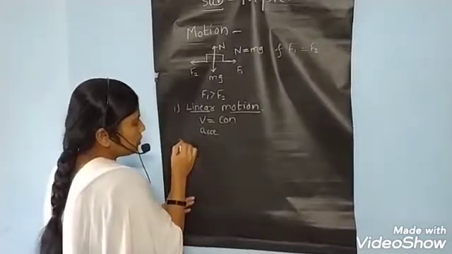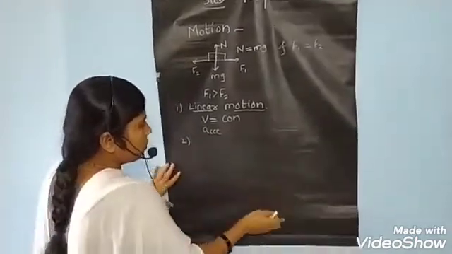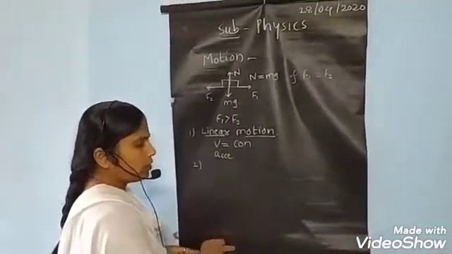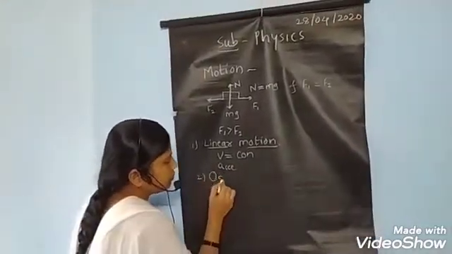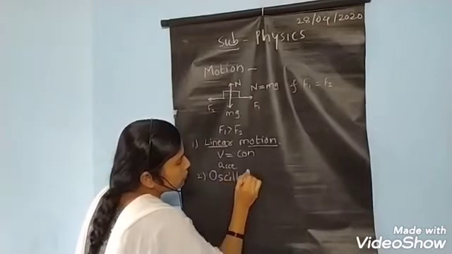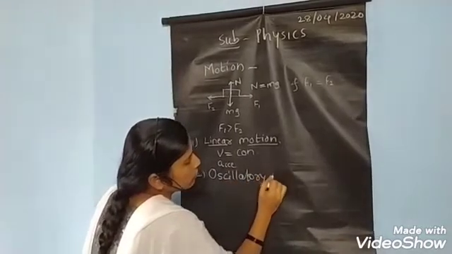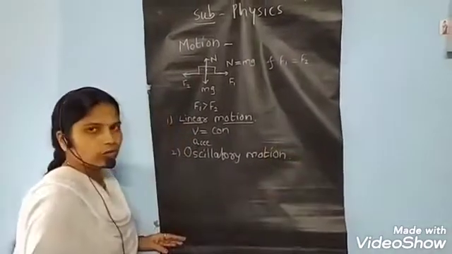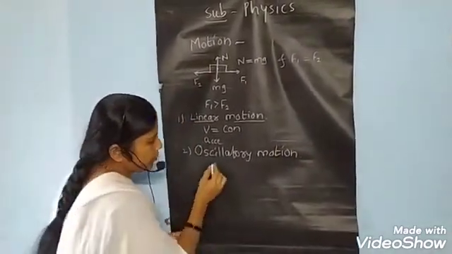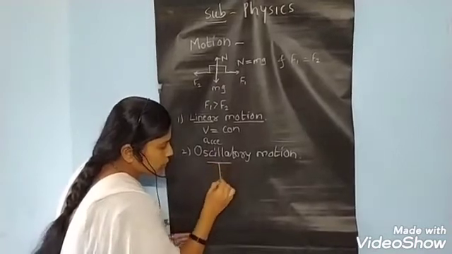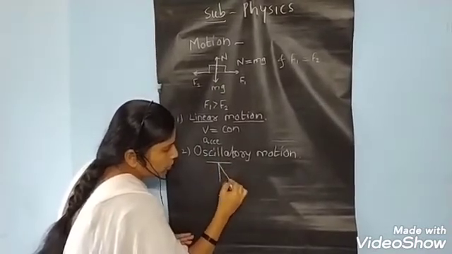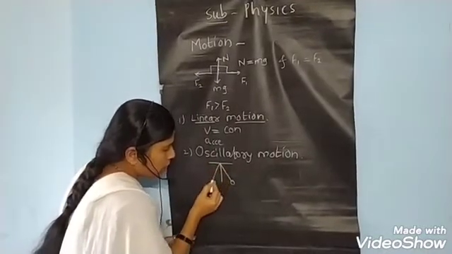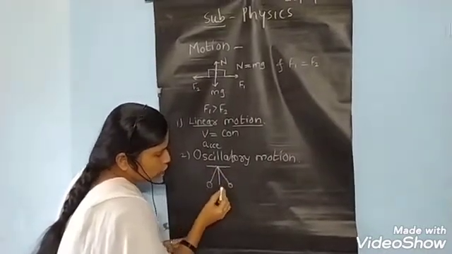Then we discuss the second type, which is oscillatory motion or vibratory motion. Consider a simple pendulum fixed to a rigid support, moving from the extreme position to the mean position, and again from the mean to the extreme position.